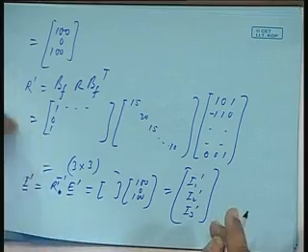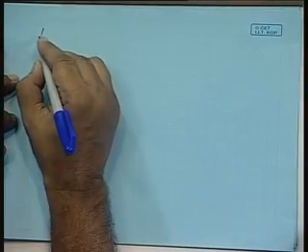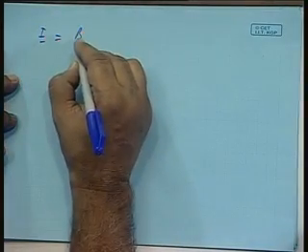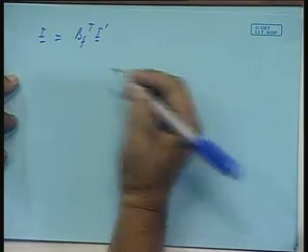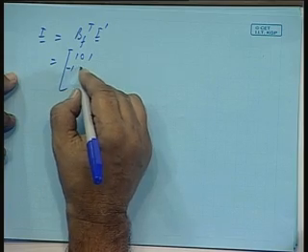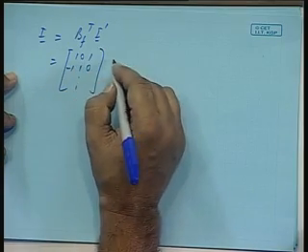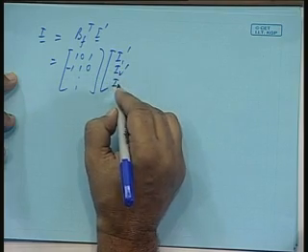Once you have got this, compute vector I, that is BF transpose into I dashed. BF transpose is known, 1 0 1 minus 1 1 0 and so on, multiplied by I1 dashed, I2 dashed, I3 dashed.